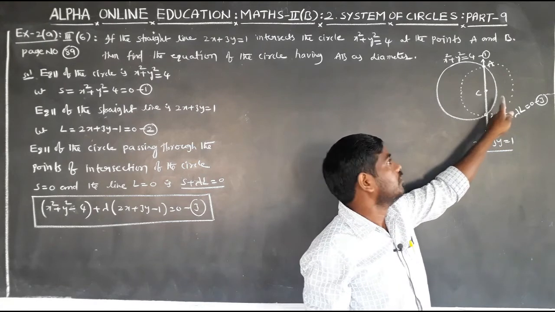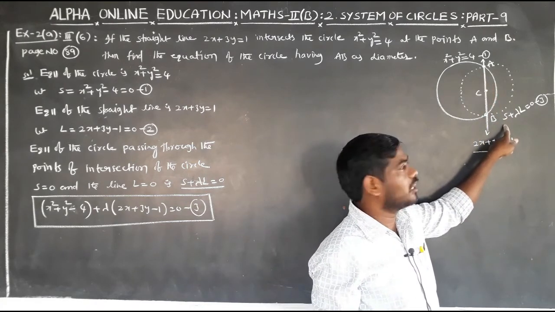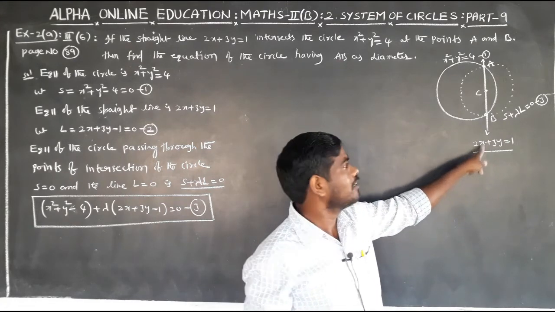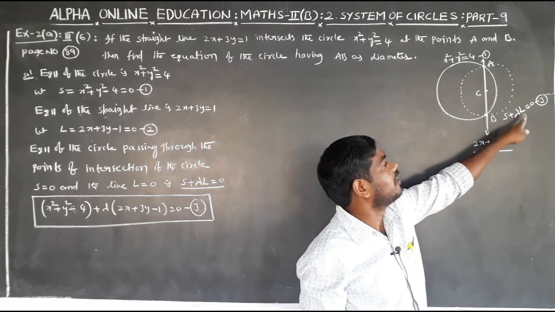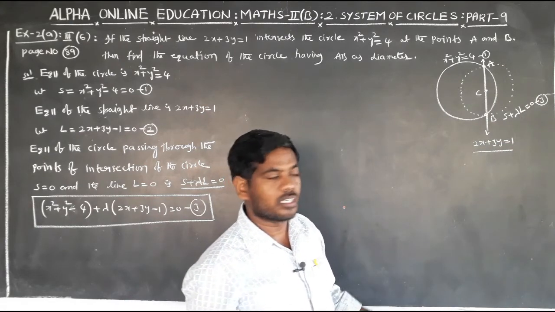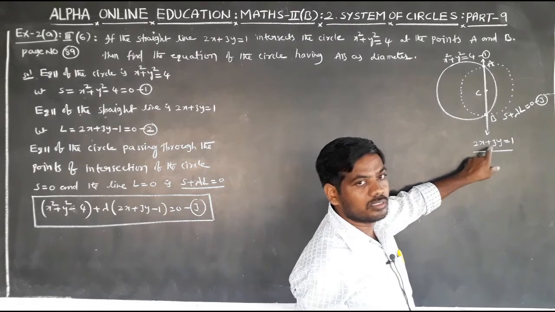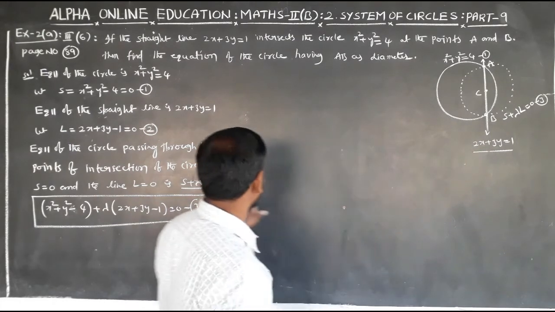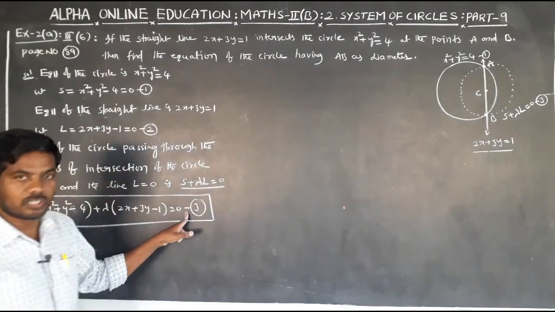So the center of the third circle lies on the line. First of all, find the center of the third circle, substitute it on the line, find the value of lambda, and substitute in equation number 3.